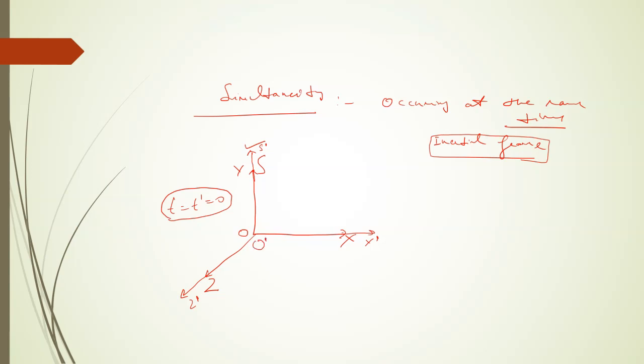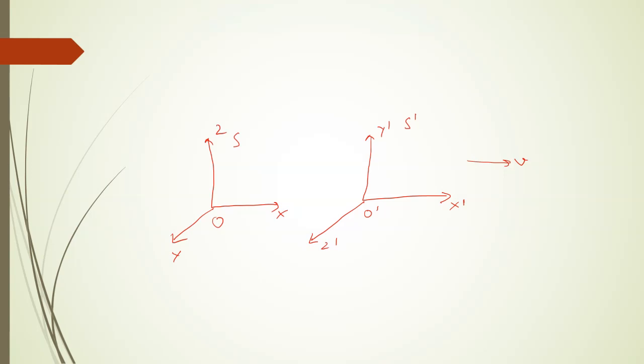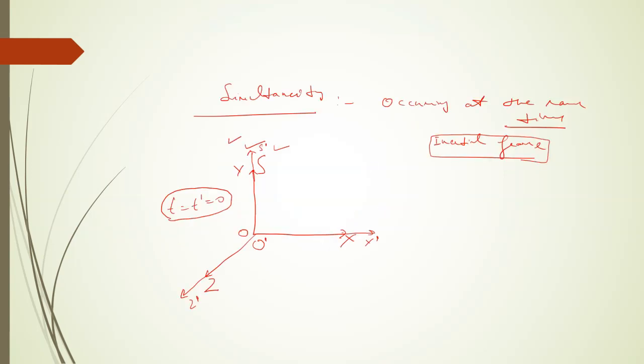The origin is the same, but after that the S dash frame starts moving with a uniform velocity v along the x-axis, and here is the stationary frame. Initially both the frames are at the same position.